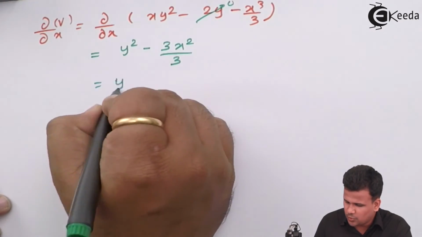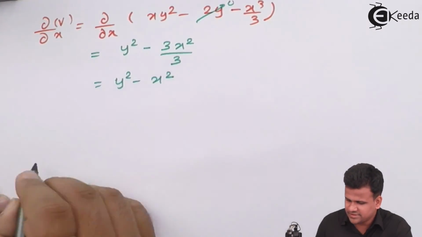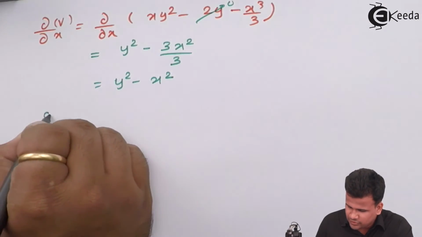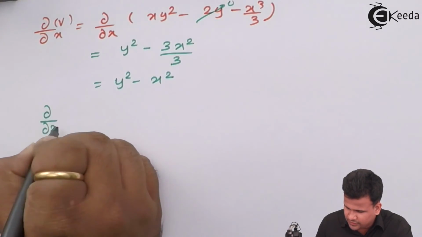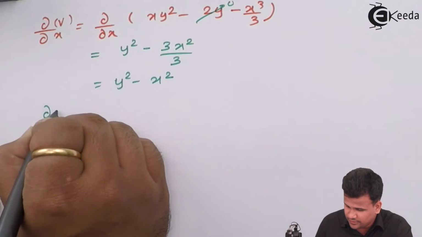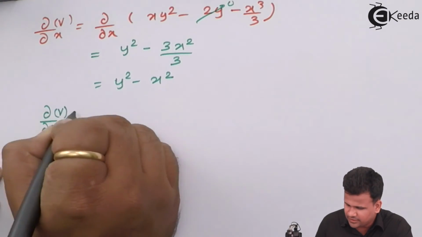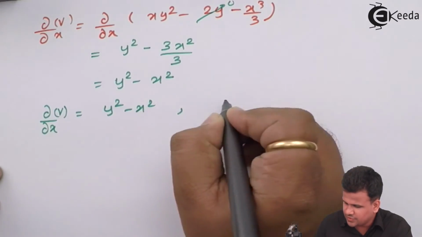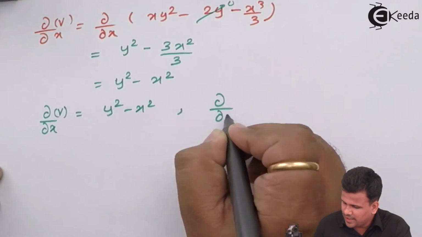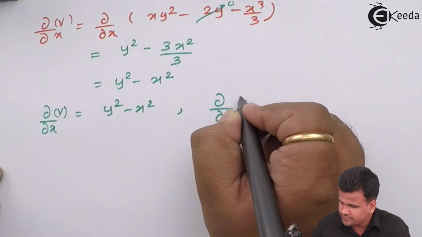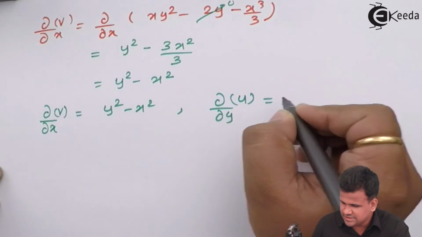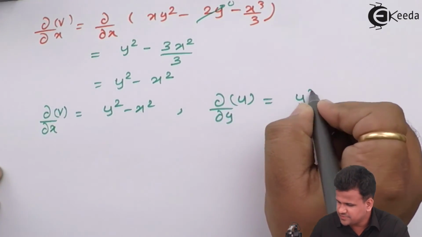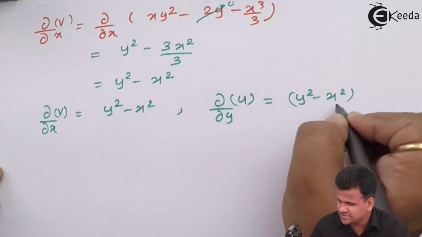So this is y square minus x square. So dou v by dou x equals y square minus x square, and dou u by dou y, from the previous part, equals y square minus x square.